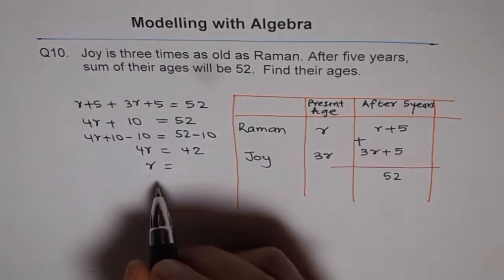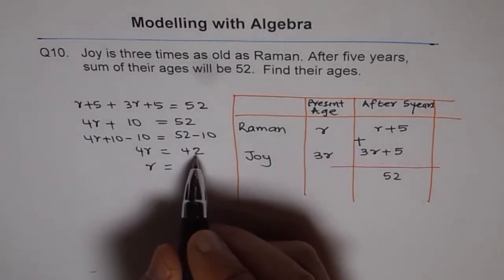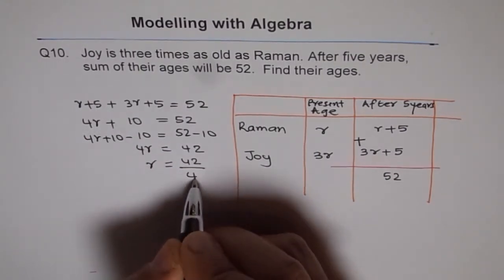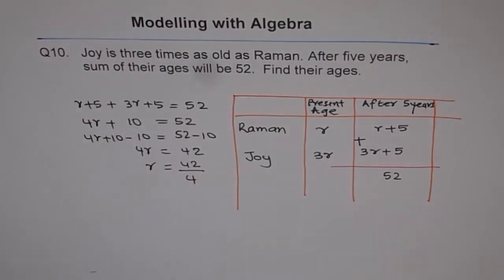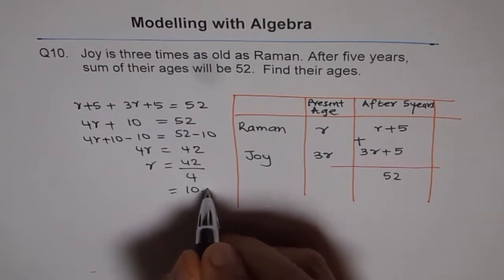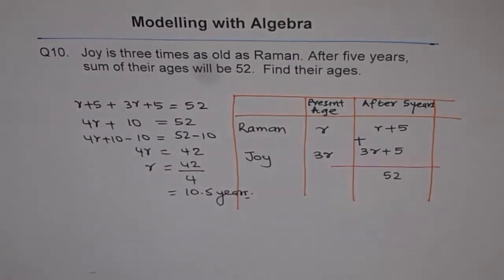And so we get R is equal to 42 divided by 4, which is 10.5 years. 10.5 years we get for R.